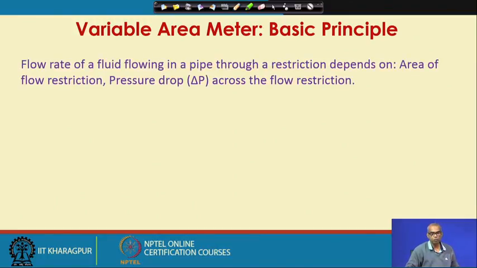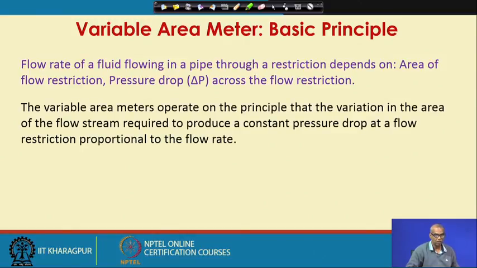So, flow rate of a flowing fluid in a pipe through a restriction depends on area of flow restriction and pressure drop across the flow restriction. The variable area meters operate on the principle that the variation in the area of the flow stream required to produce a constant pressure drop at a flow restriction is proportional to the flow rate.